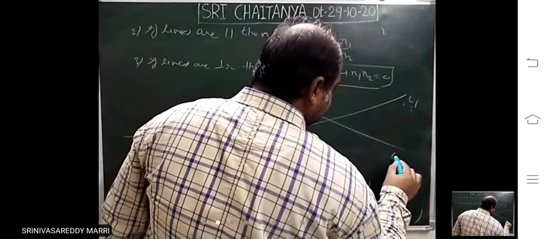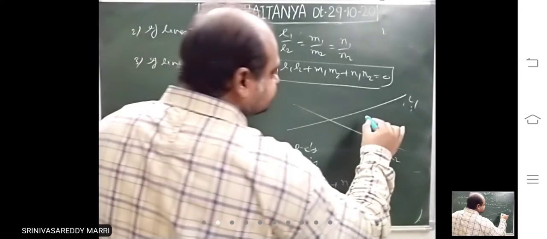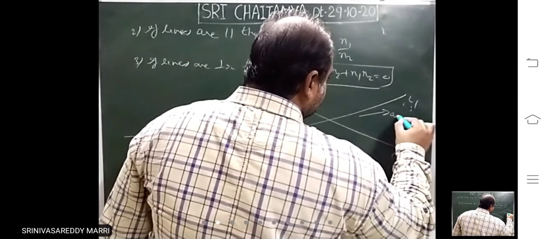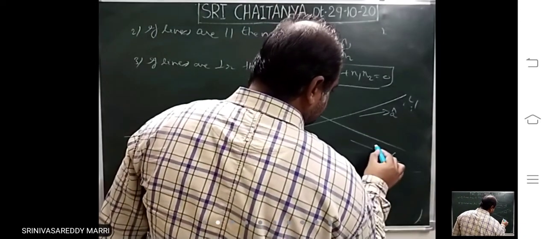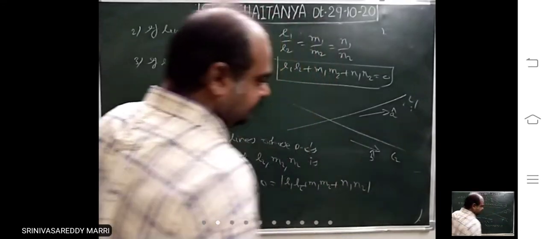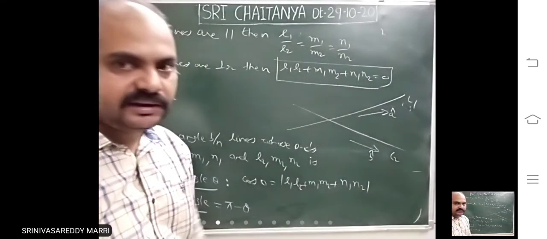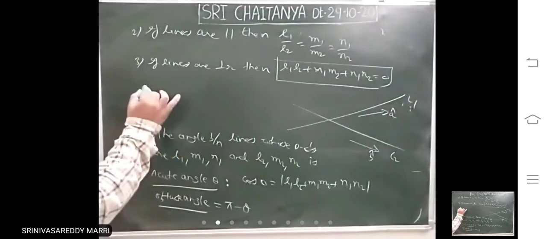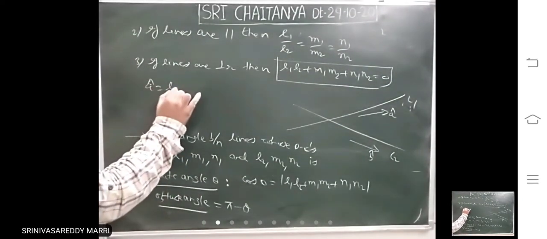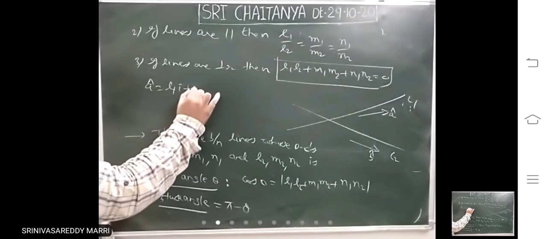L1 is there, L2 is there. DCs given means unit vector given. Previously A bar, B bar; now A cap is L1 i plus M1 j plus N1 k for the first line.